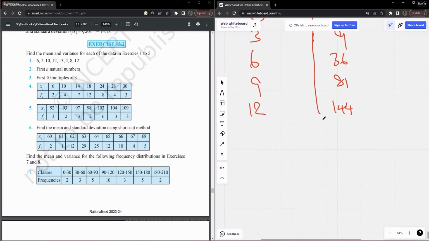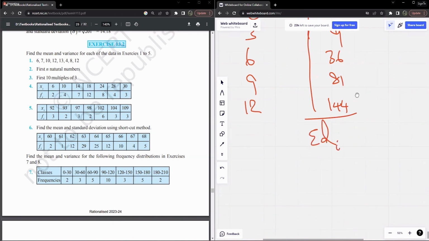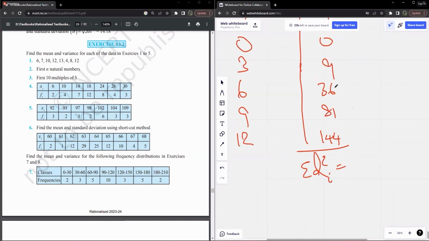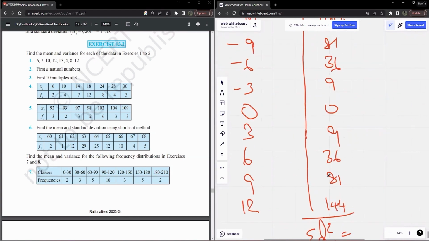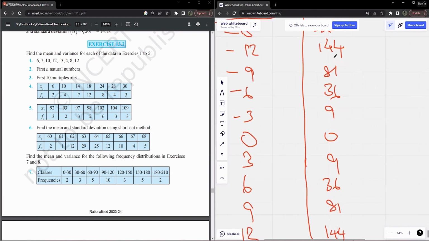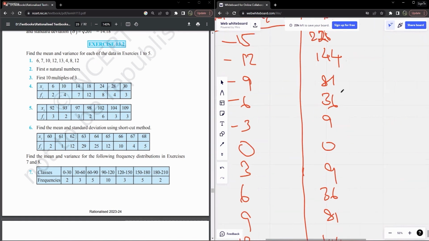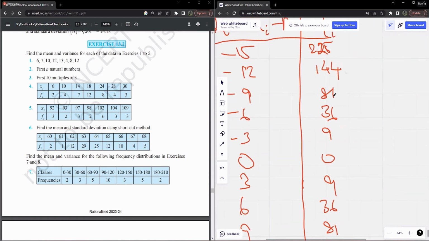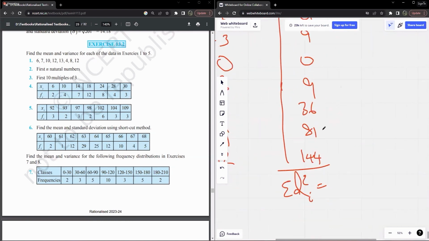Because of which, sigma d square I can write as 18, 72 plus 90, 90 plus 162 is 252, 252 plus 288 becomes 540, 540 and 225 is going to give me 765.